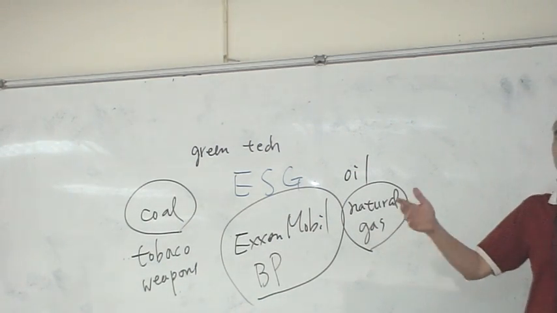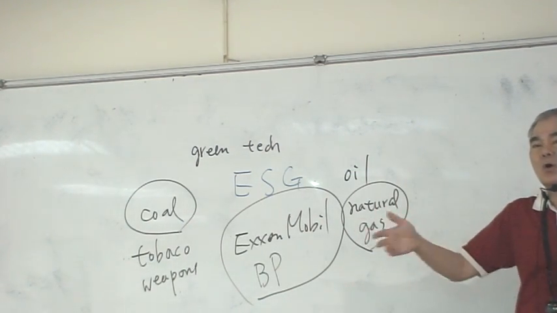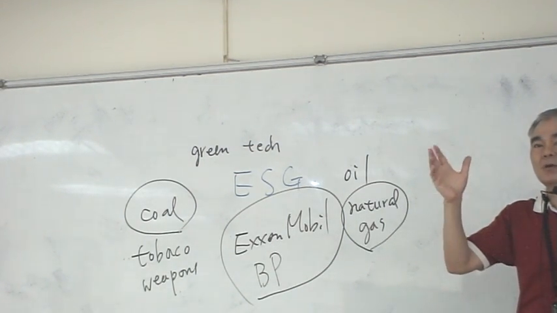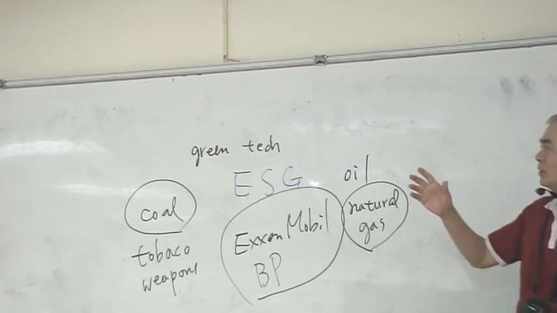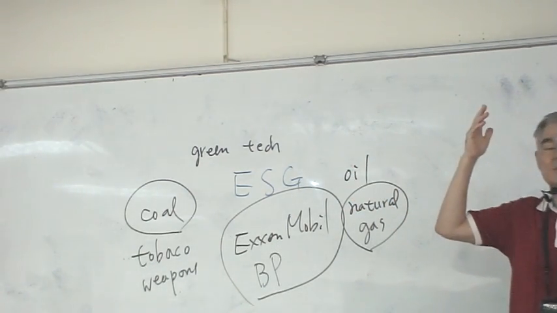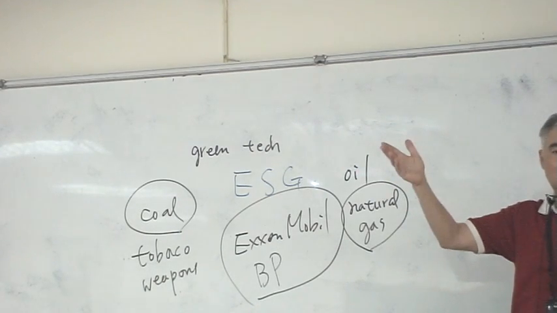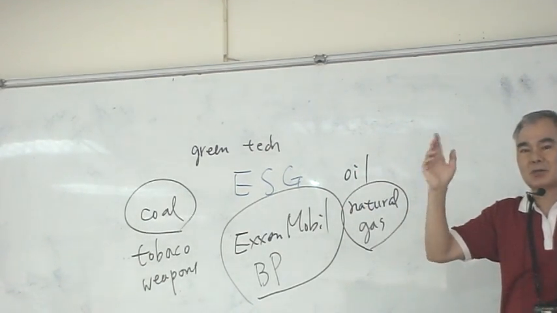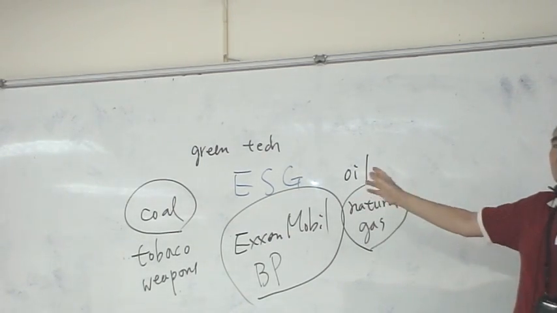So supposedly they should pump more oil out, but because so many environmentalists are pro-ESG, okay? They are pro-ESG, they are pro-environment, they are pro-social development, all these things. So they don't invest in these companies.